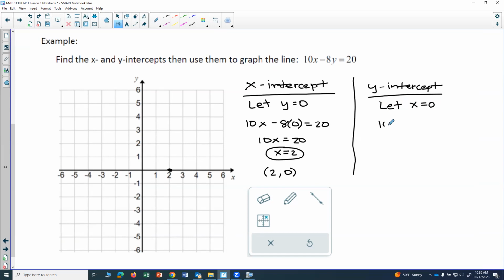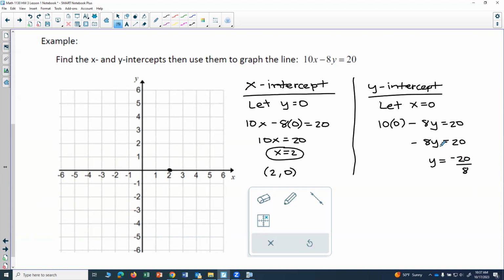So I'll have 10 times 0, and I'm still using this equation up here: 10 times 0 minus 8y equals 20. The 10 times 0 just zeroes out, so I get negative 8y equals 20. So y equals negative 20 over 8.